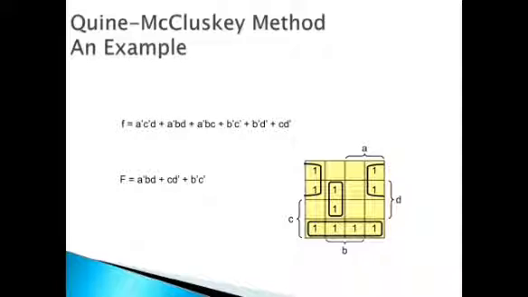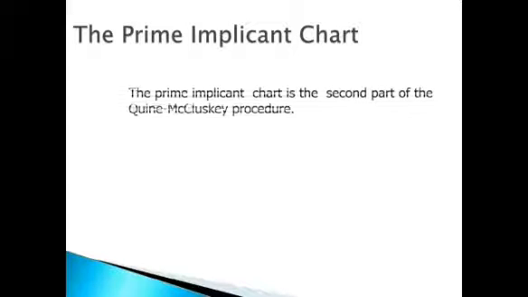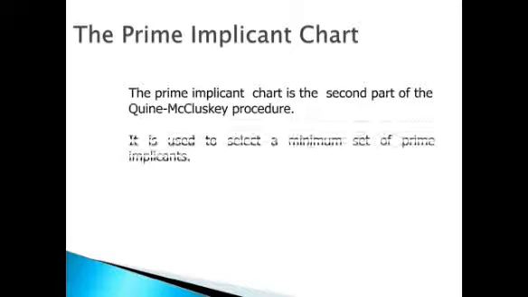So we will go for the second part of QM method that deals with the prime implicant. This prime implicant, no doubt, is important for QM method as a second part of the QM procedure to calculate the minimized Boolean expression. The main objective of PI, prime implicant, is to select a minimum set of PI, so the PI chart is used in this category of QM method.